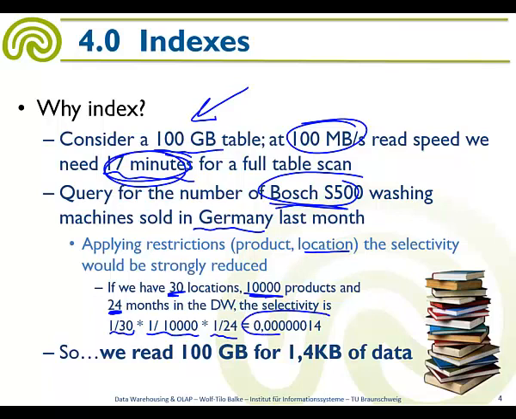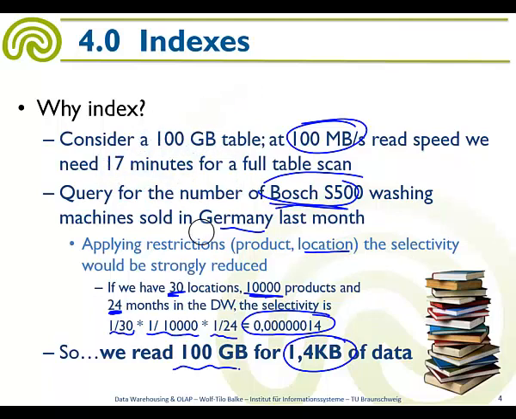And this is exactly the number of tuples that will answer the query. So you basically have to read 100 gigabytes to get only 1.4 kilobytes. And to get this 1.4 kilobytes, you take 17 minutes. Not very impressive, is it?